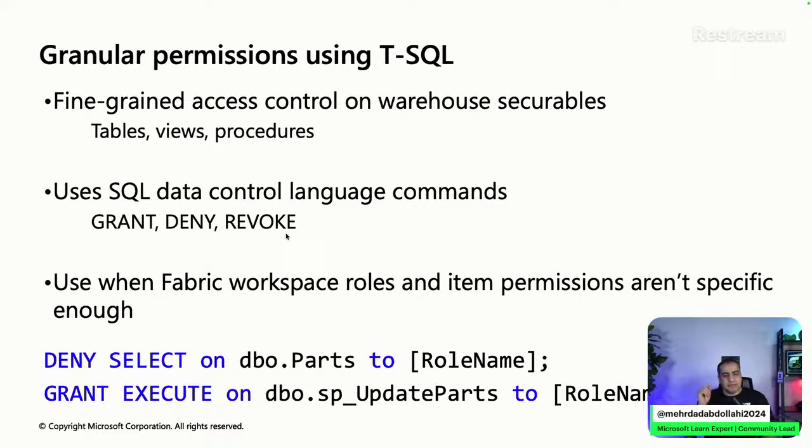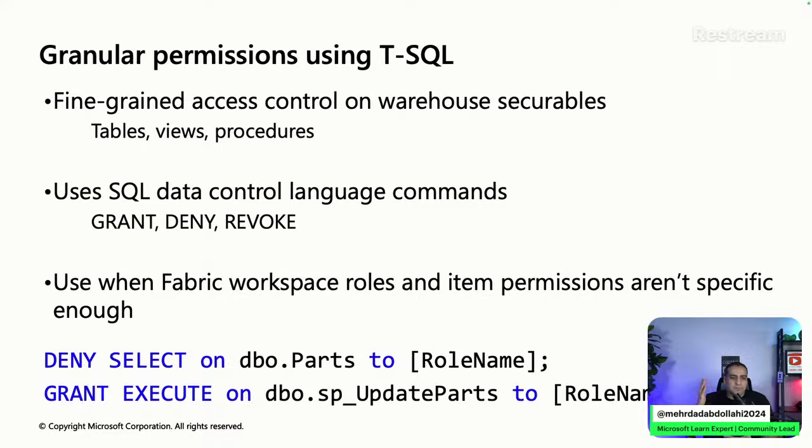The next security option that we can implement for our warehouse is the granular permission using T-SQL. Sometimes row or column level security is not working, and we want to work on the specific object, right?